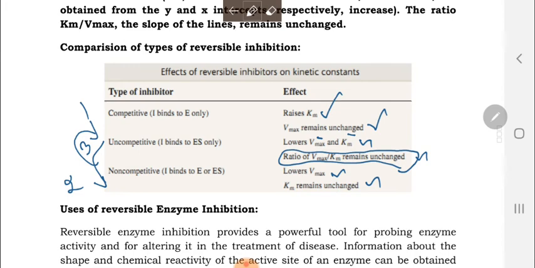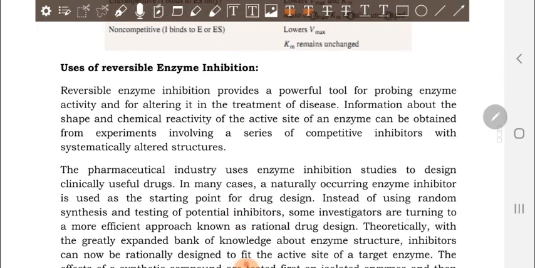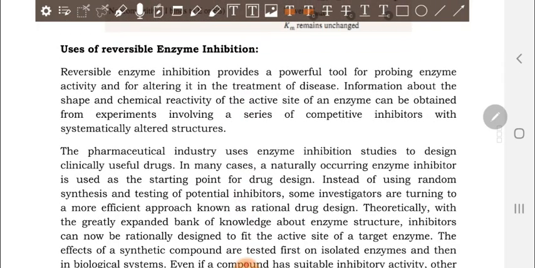And the third one is uncompetitive, where both Vmax and Km are lowered, that means changed.